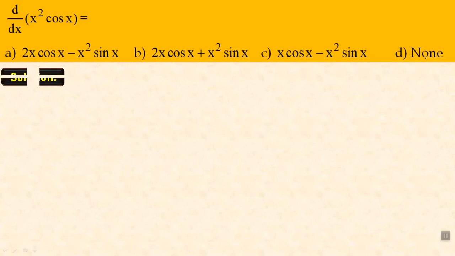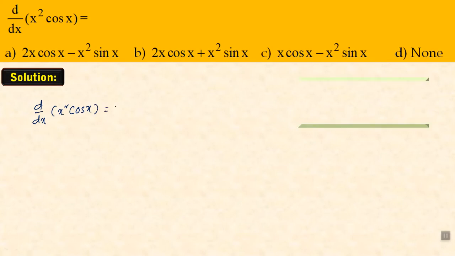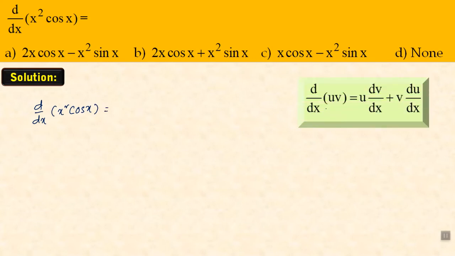Let us find this. D by dx of x square into cos x is equals to, it is in the form of d by dx of uv. Here consider x square as u, cos x as v. Now applying this formula here, u that is x square into d by dx of v that is cos x plus v that is cos x into d by dx of u that is x square.